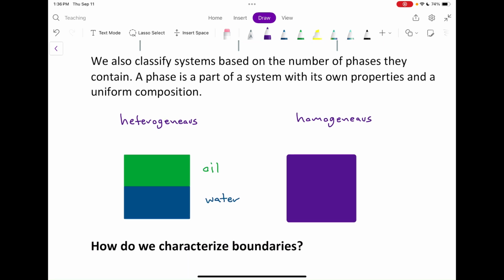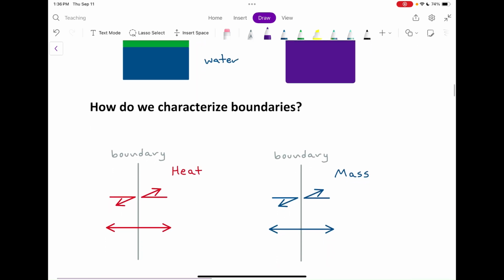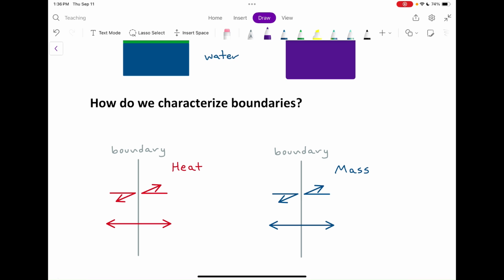Moving on, we can look at how we characterize the system boundary. Okay, so this is going to be another key feature in the problem solving process: what type of boundary do we have? How is that going to influence what equations we use or what assumptions we can make when we're trying to solve a problem? So let's look at the case in which we have heat transfer.